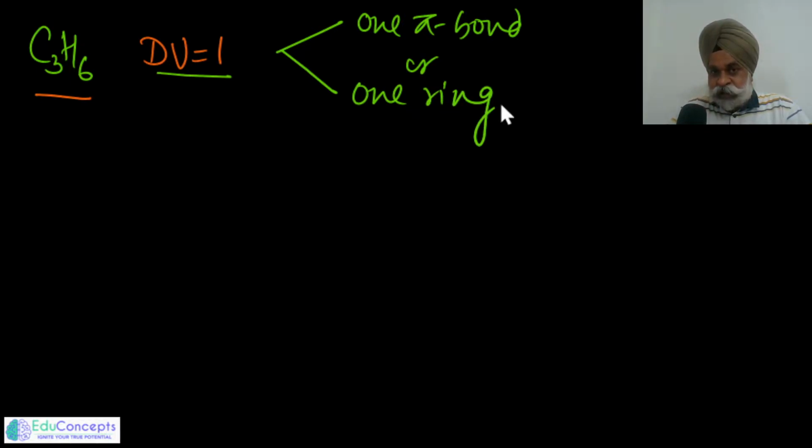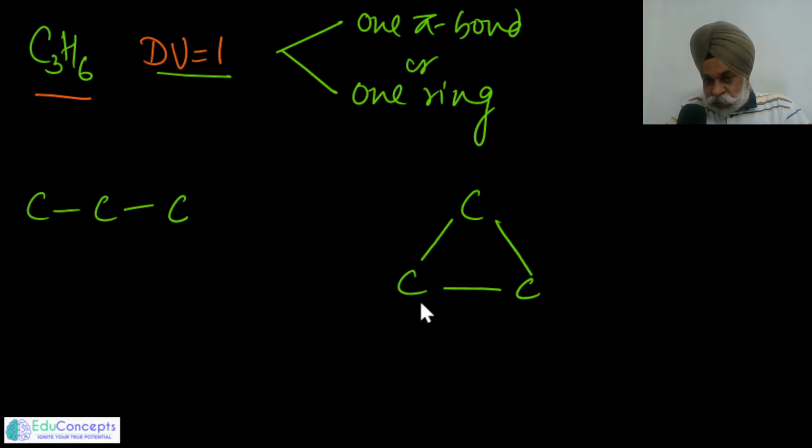Once you get the degree of unsaturation, you easily evaluate in what way it can be made. If I make 3 carbons like this, somebody else can make 3 carbons like this. The smallest ring is 3 carbons, and 1 ring came into the picture. So the degree of unsaturation came out to be 1 here.